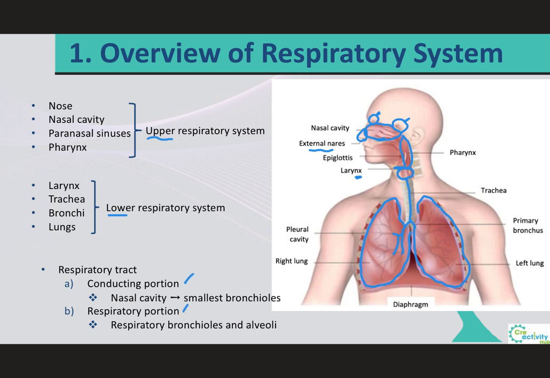Mainly in this module, we're going to be covering the conducting portion, which extends from the entrance to the nasal cavity all the way to the smallest bronchioles of the lungs. And the respiratory portion, which we will cover in the next module, includes the respiratory bronchioles and the delicate air sacs, which can also be called alveoli, where the gas exchange actually occurs.